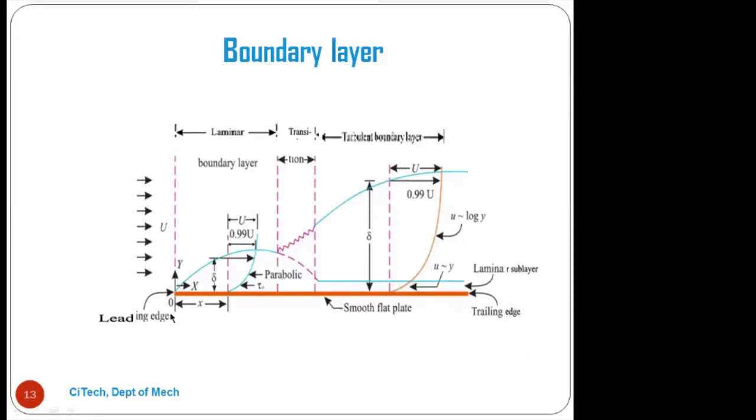If the fluid is flowing with the velocity u and the Reynolds number is less than 2300, that is called laminar flow. As you know, if the Reynolds number is less than 2300, the flow is laminar.